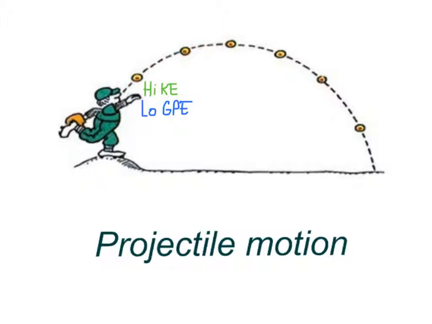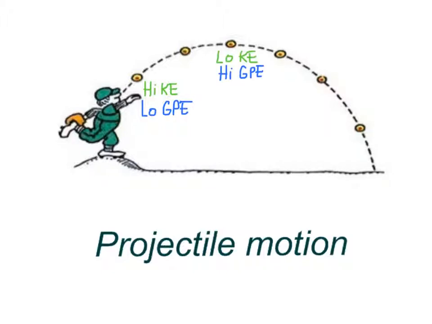As it rises higher and higher, the force of gravity pulls on it, and it travels a little bit slower vertically until it reaches the top of its trajectory, where it has zero vertical velocity. At that point, it would have very high gravitational potential energy and very low kinetic energy.